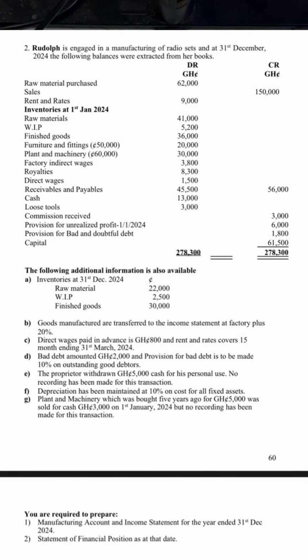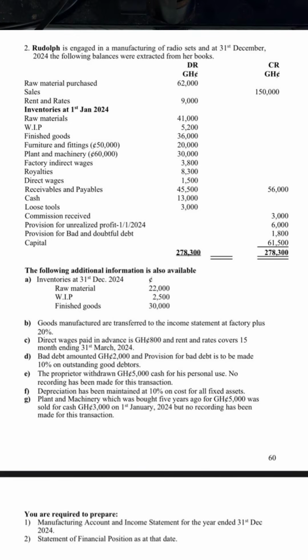Since they are saying that goods manufactured are transferred to the income statement at factory cost plus 20%, it means that we have to change this 20%, which is a markup, to margin. In every instance, in order to understand it, just convert this markup to margin, because the finished goods is priced at selling price, but the cost of manufacturing is always at the cost price.